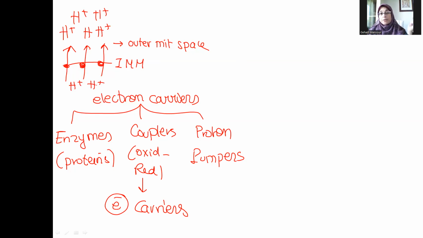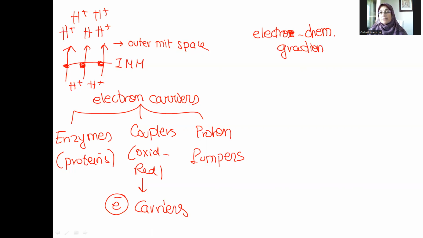Now, when we pumped the protons outside, we are accumulating them outside, and we are doing this on purpose. We are accumulating them against the concentration gradient using energy derived from the transfer of electrons, and we have created an electrochemical gradient.